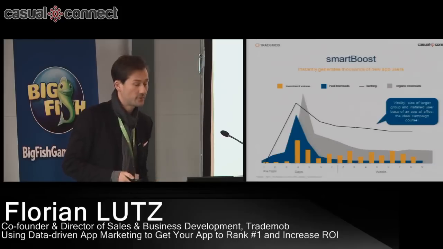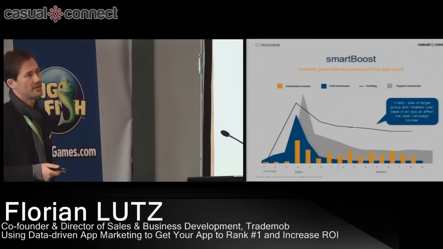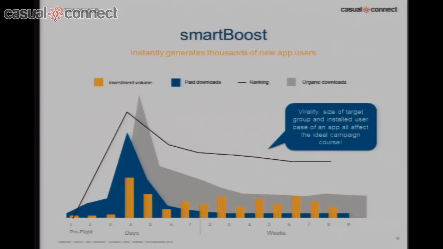So the short-term solution is something that we call smartBoost, basically depending on the large and powerful discovery apps, which in one day basically cost you a lot of budget, but also increase very much the downloads that you're buying.